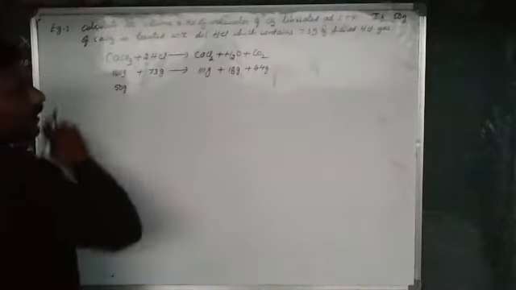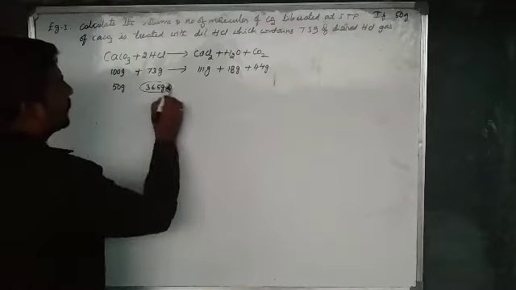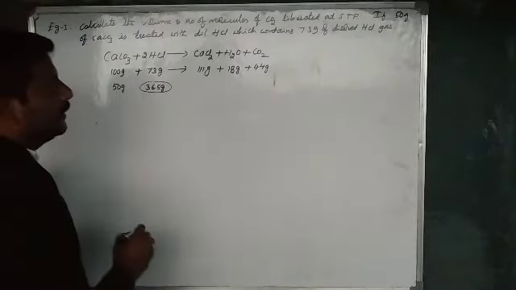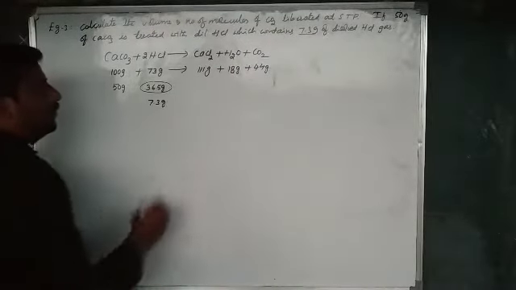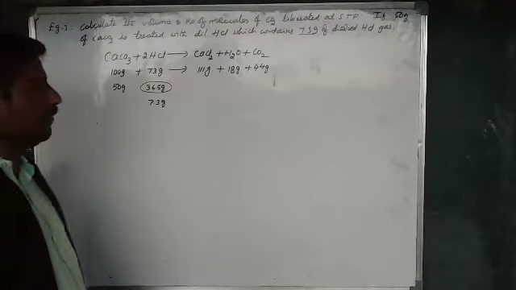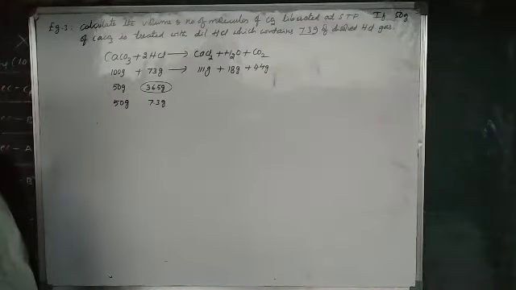So if we take 50 grams of calcium carbonate, we require half of the amount of 73, that is 36.5 grams of hydrochloric acid, to get carbon dioxide. But here, instead of 36.5 grams of hydrochloric acid, we have only 7.3 grams of HCl, which is reacting with 50 grams of calcium carbonate.